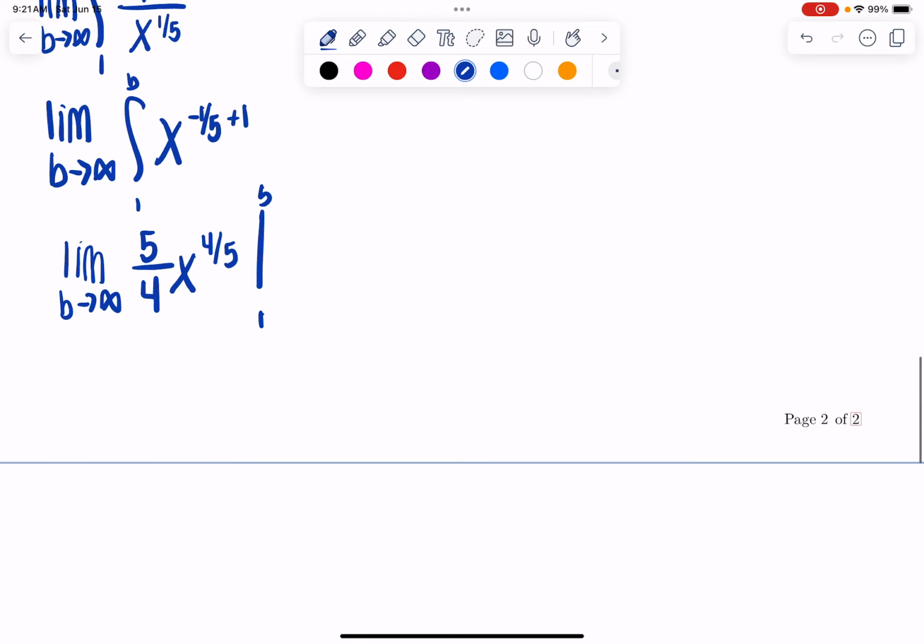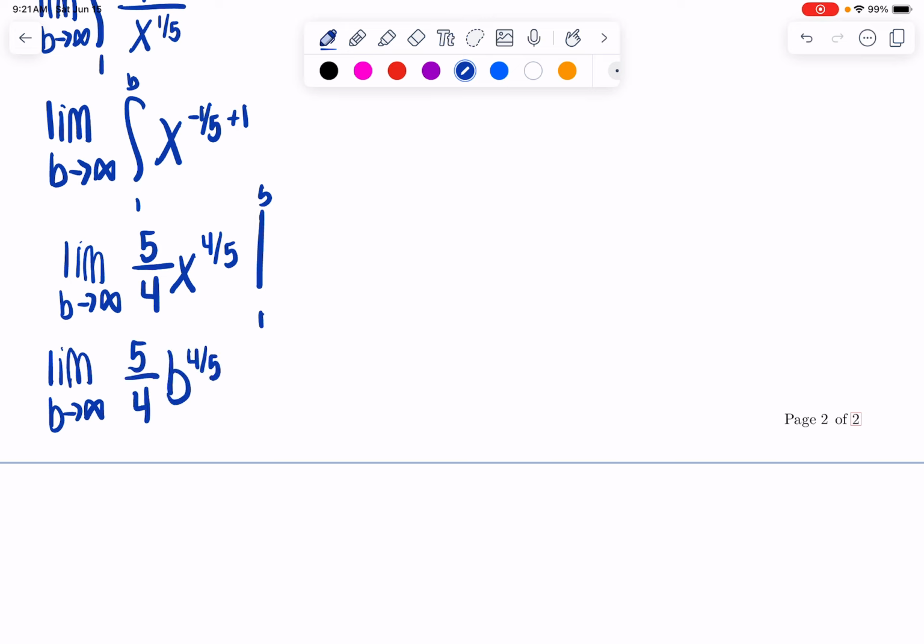Okay. So then from there, it would be the limit as b approaches infinity, and then I would just plug in the bounds. So it would be 5/4 b to the 4/5, minus 5/4 times 1 to the 4/5. This is just 1 over here.